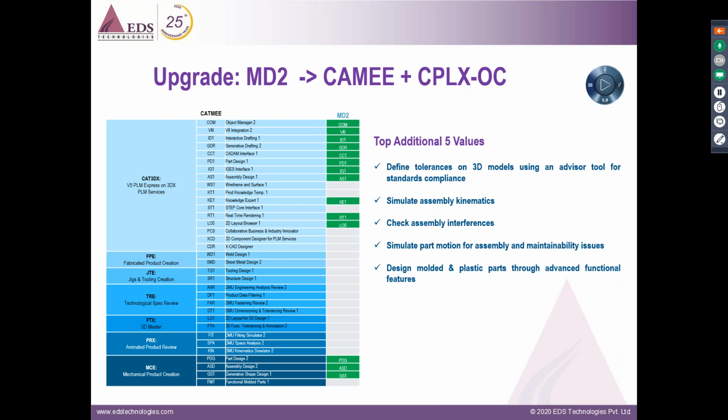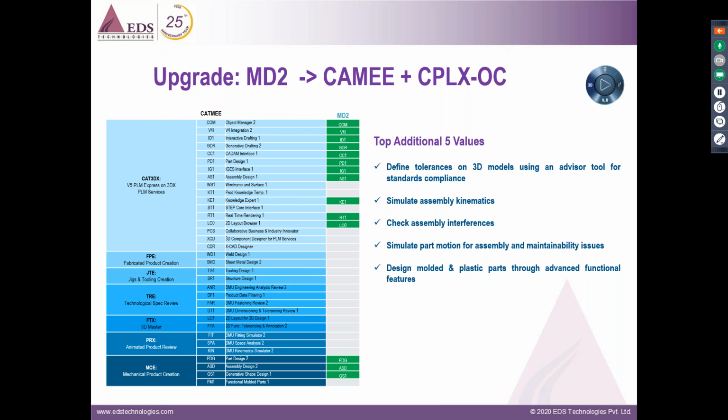So the platform usage is in terms of platform contributor PCS and also the CPLX cloud offer. So using this, you can also have cloud access. If you want, you can store your data on the cloud as well.